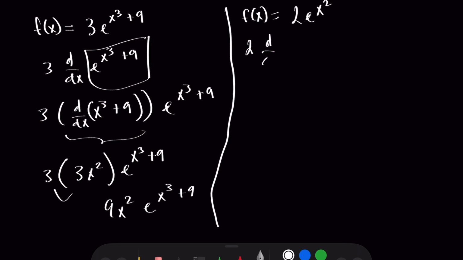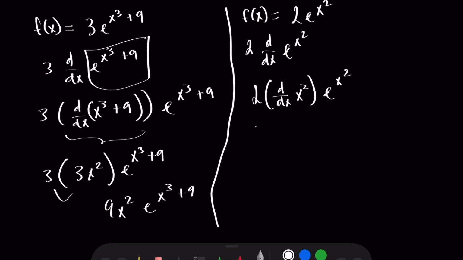And then we'll take the derivative of e to the power of x squared. So all we need to do is take the derivative really of the x squared. So we'll do d over dx of x squared and then multiplied by e to the power of x squared here. Again, remember, for when we take the derivative of an exponential or natural exponential function, we're really just taking the derivative of its exponent.